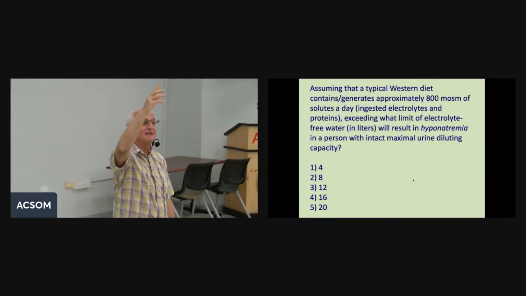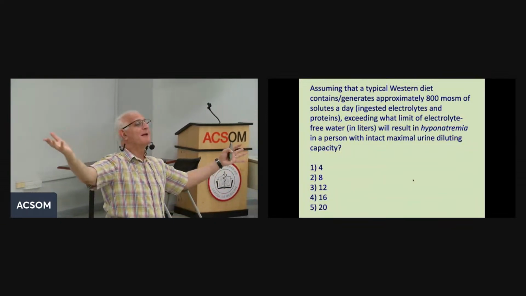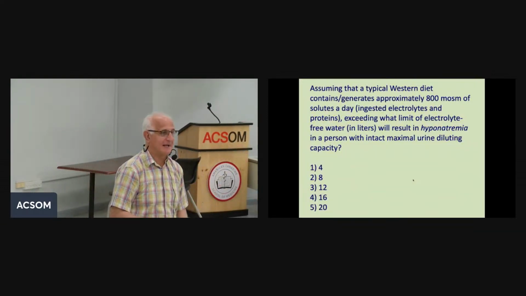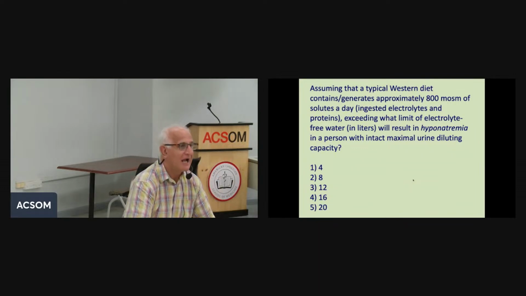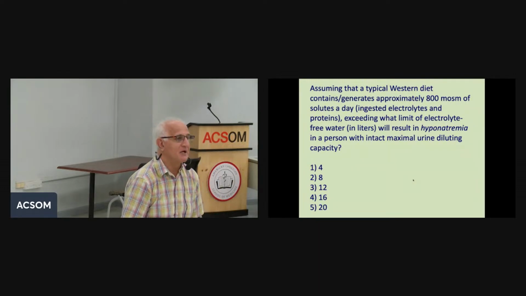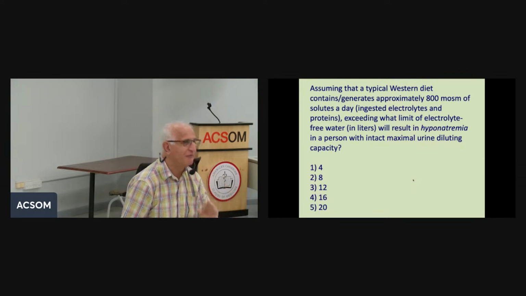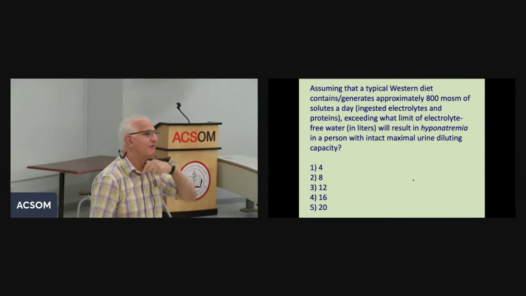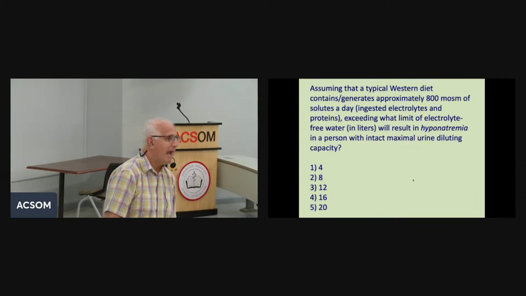Do you remember the concept yesterday? What goes in comes out. Same concept everywhere. For the osmoles it is the same. I have to get rid of 800 milliosmoles that day. If I can dilute my urine all the way to 50, how many liters of urine can I make without starting to make hyponatremia?